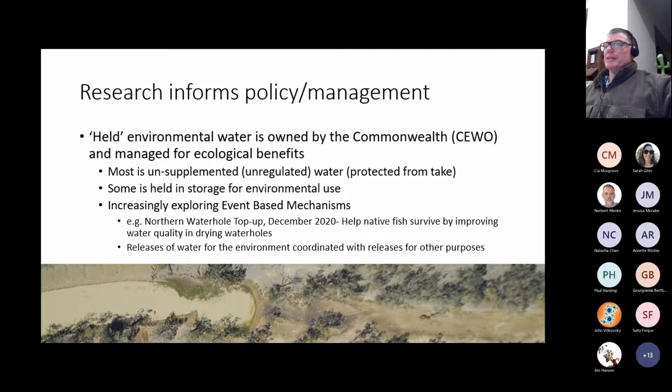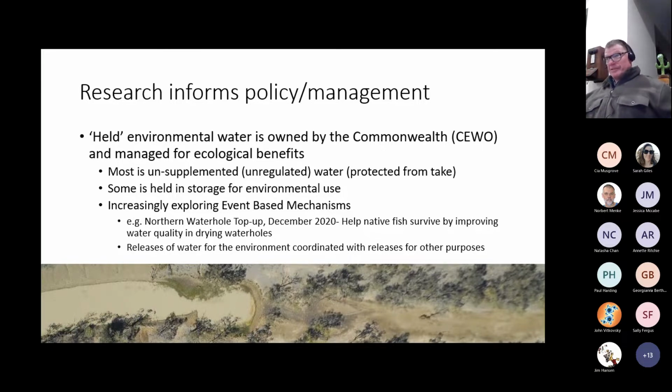Once you start moving south of the border, a lot more of the Commonwealth's environmental water is held in storage for managed use. And they are increasingly exploring event-based mechanisms where they temporarily trade to secure water when it's really critical for the environment.